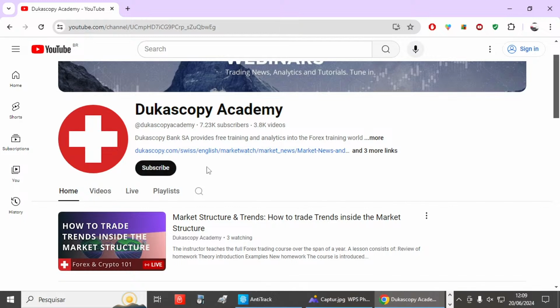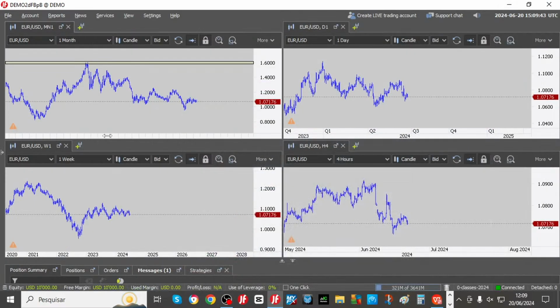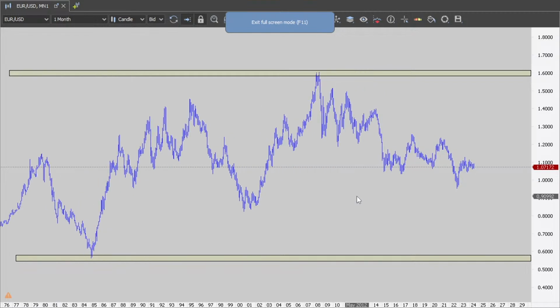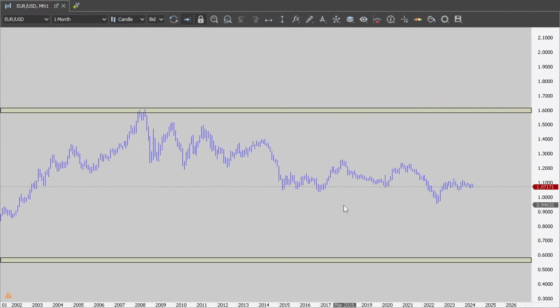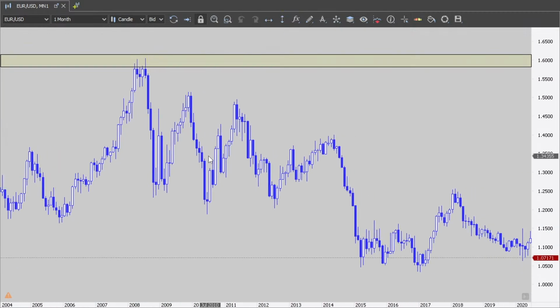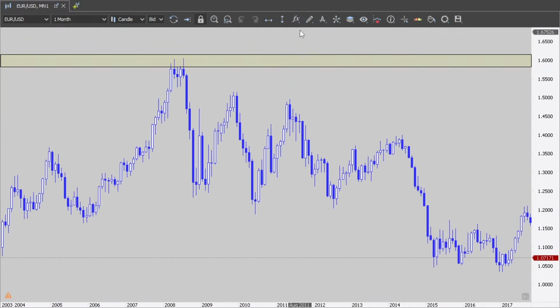Okay, everybody, so this is what we've learned so far about what you should have on your chart. You should have the market wave, the market structure, or the market wave trends.